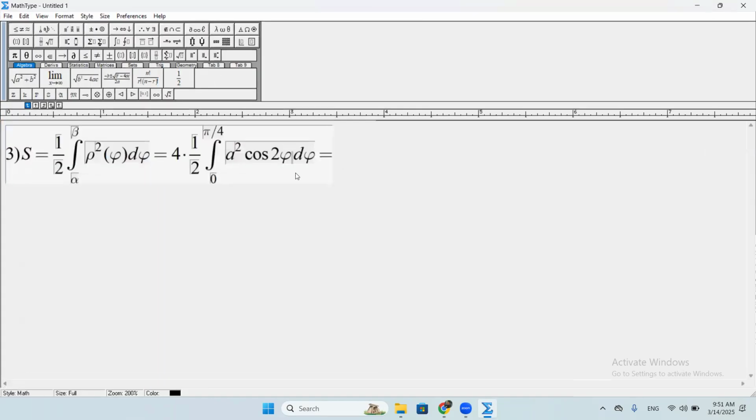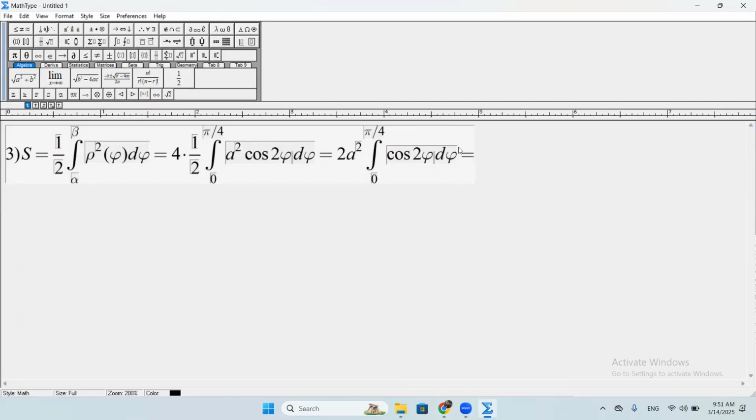And let's calculate this integral. Let's move coefficients out of brackets, so to a squared, just for our convenience.